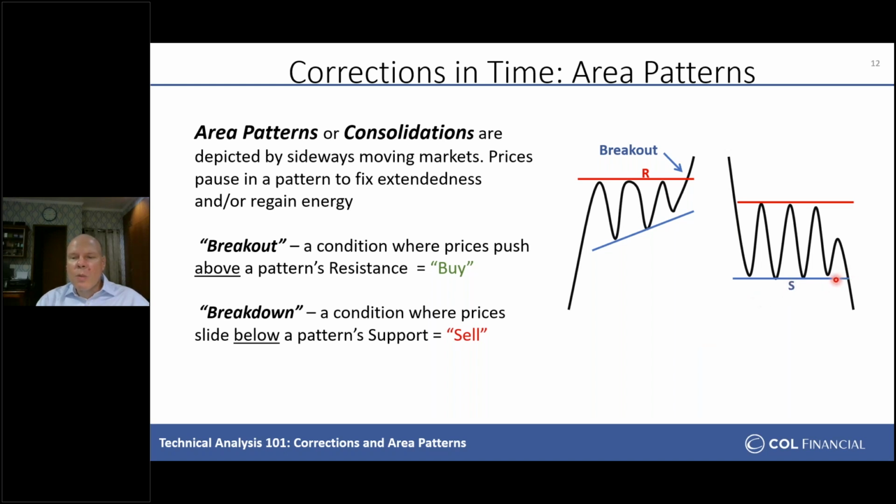Now, once the support in a pattern like this is broken, or a consolidation break like this takes place in support, we call this breach a breakdown condition. A breakdown condition means a sideways market has now turned back downwards and that an avalanche of selling is getting ready to take place. And normally this is the reason that in a breakdown condition, we are really looking to sell our shares to protect whatever profit we still have or the value of what we have inside our position.